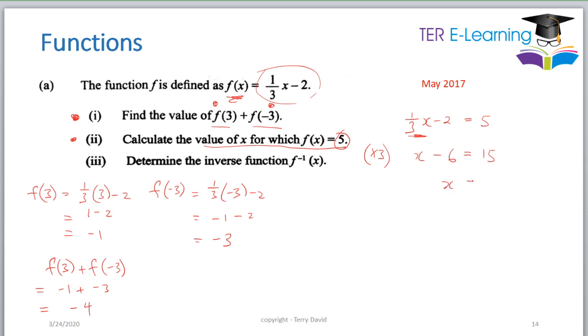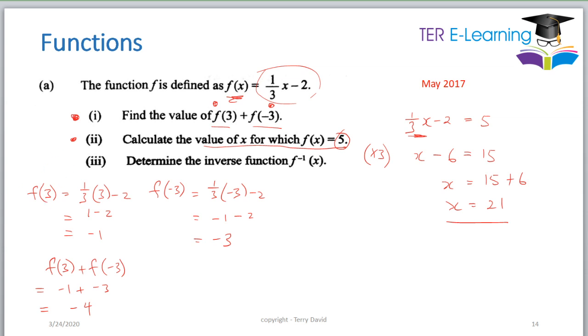So therefore x is equal to 15 plus 6, and therefore x is equal to 21. So the answer is x equal to 21. I saw some of you all got 21, and the inverse, let's work that one.